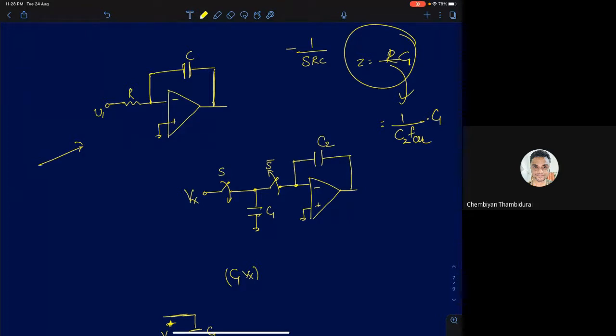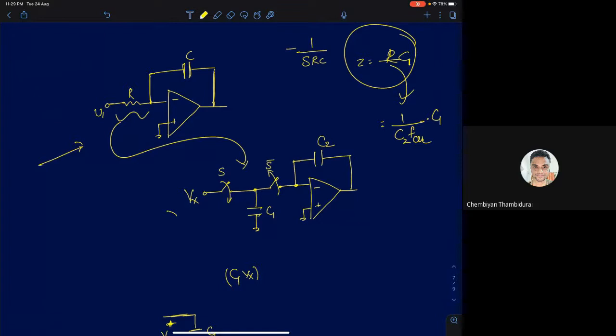So we'll now look at a switched capacitor based integrator. Let's look at this circuit first. I've just replaced this resistor. If you recall, a floating resistor can be replaced by a circuit that looks like this: two switches and a capacitor controlled by inverted or non-overlapping clocks.